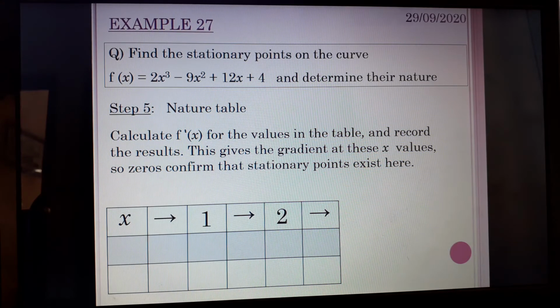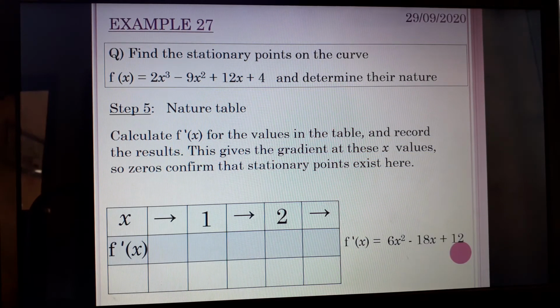So then we're going to calculate f dashed of x for the values in the table. Okay, and we're going to record the results as being either positives or negatives. So we've got f dashed of x.